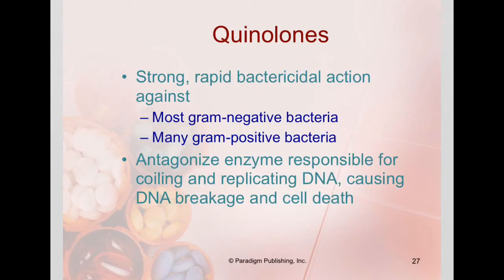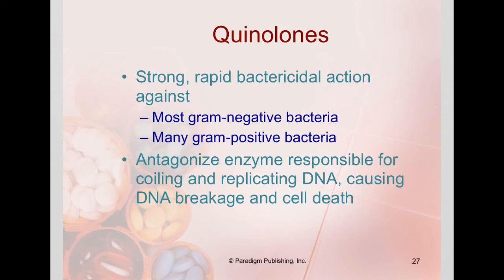Quinolones have a strong rapid bactericidal action against most gram-negative bacteria and many gram-positive bacteria. Whenever we say bactericidal, that means that it actually kills the bacteria. It kills it by antagonizing the enzyme responsible for coiling and replicating the DNA.